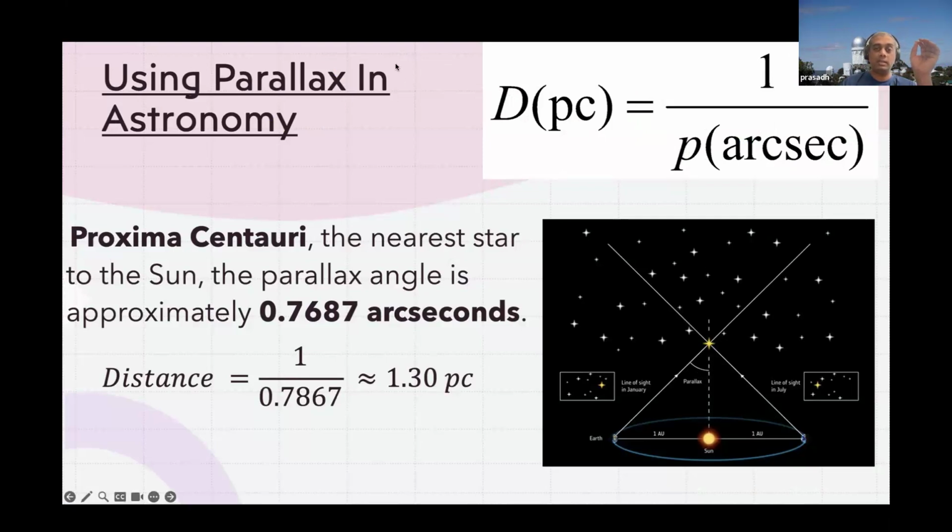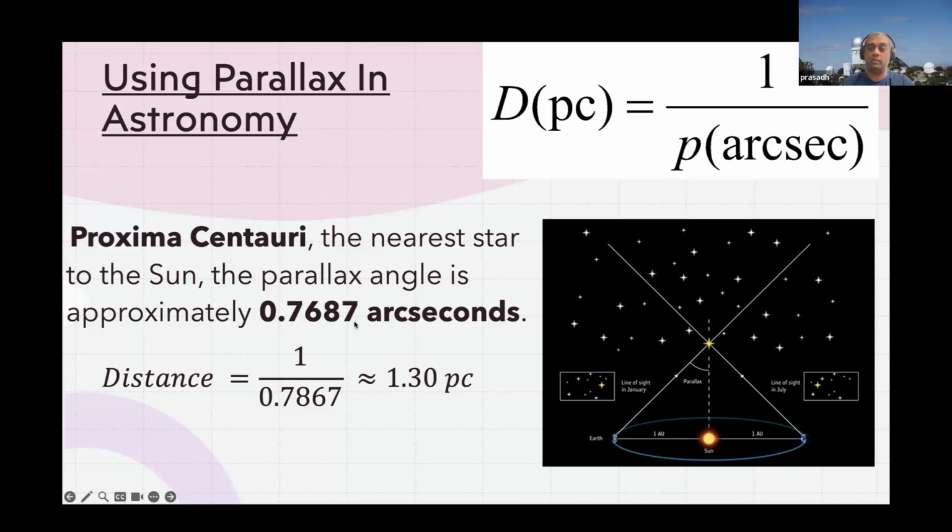If you take our nearest star, which is Proxima Centauri, in astronomy you can measure these parallax angles. That is doable. If you measure the parallax angle, it comes out to be 0.7687 arc seconds.